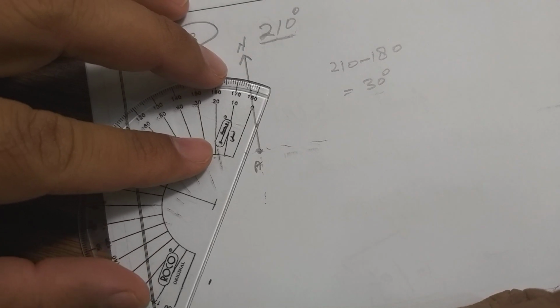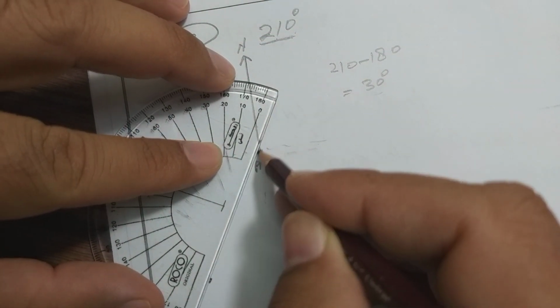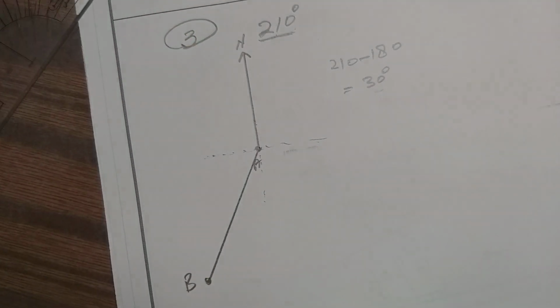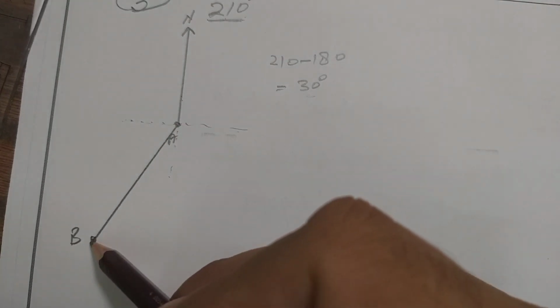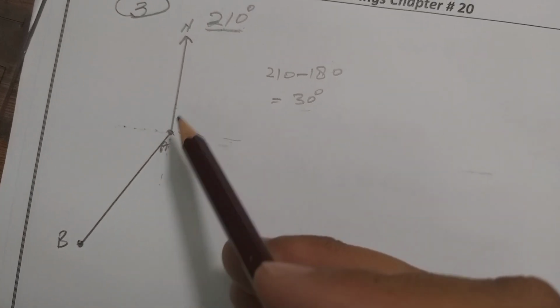So if I join these two points, A and this B point, I get the direction from A to B, or I can say the direction of B from A. How much is it? 210.